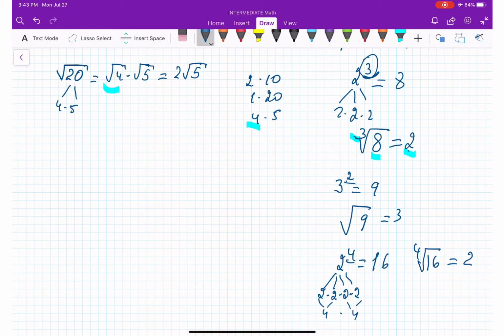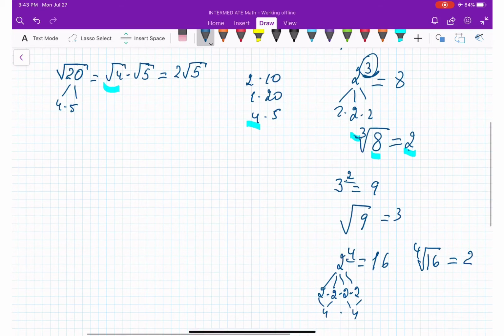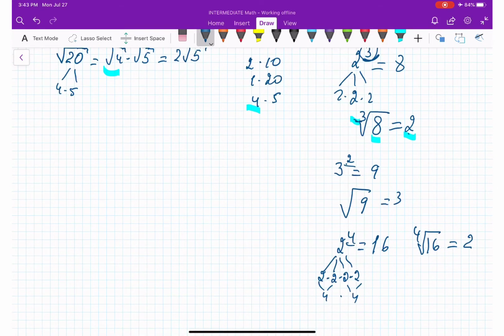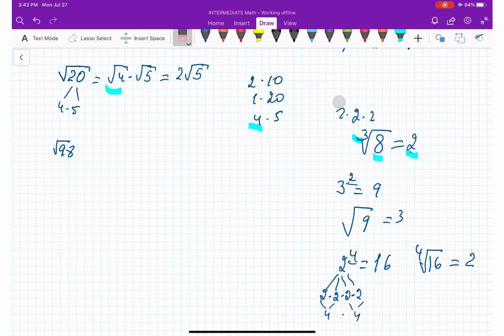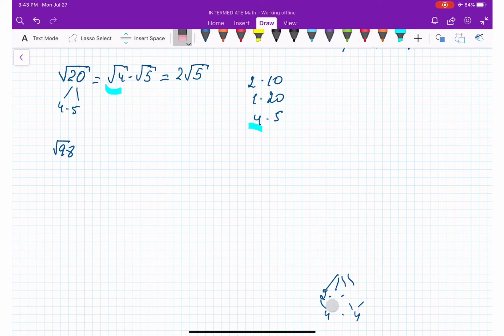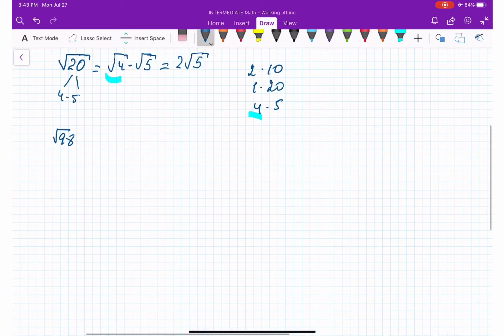Next one, square root of 98. Let me clean this so it won't look messy. All right. So square root of 98. Let's see.